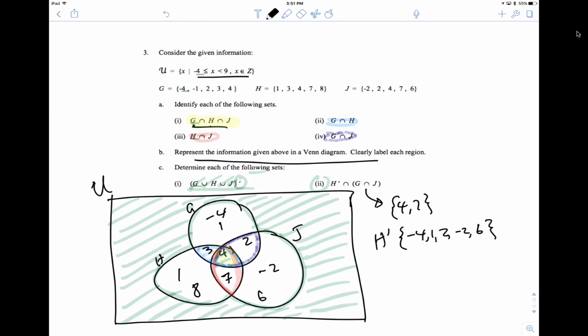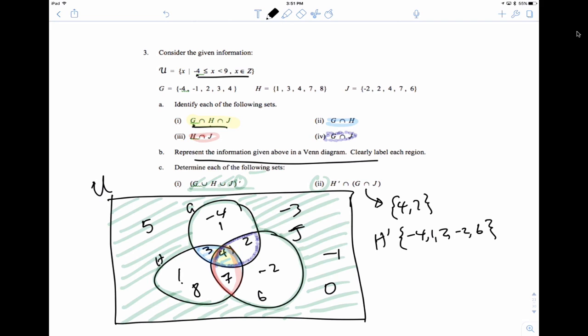So that was good to pick up before the end of this, that anything that is not in G or H or J is in the universal set. So -4 is there, -3 is not, -2 is there, -1, 0, 1 is there, 2 is there, 3 is there, 4 is there, 5, sure that looks like a J, 6 is there, 7 is there, 8 is there, and that's it.